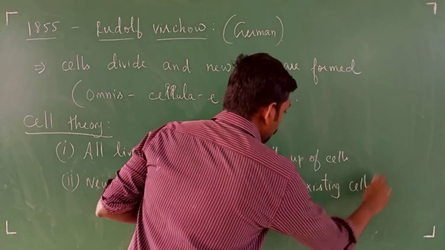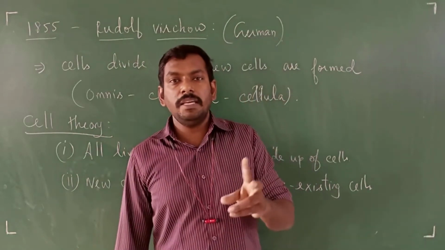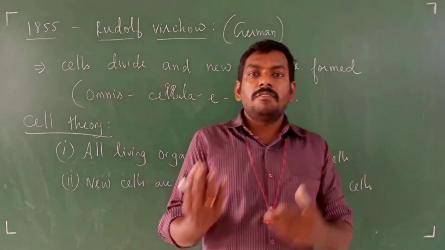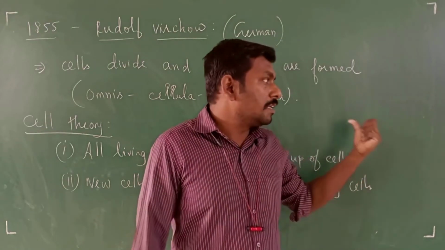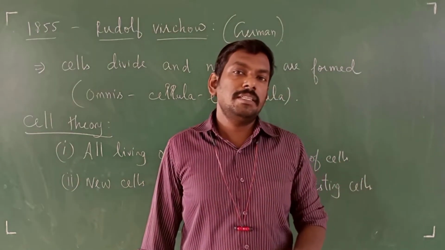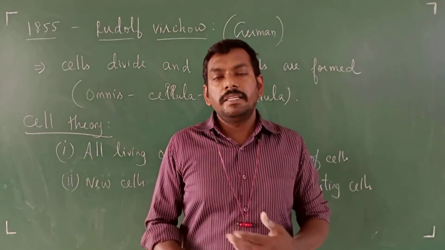This was the statement given by these three, and they formulated the cell theory. All living organisms are made up of cells, and new cells arise from pre-existing cells. Right? This was the history behind the cell theory.